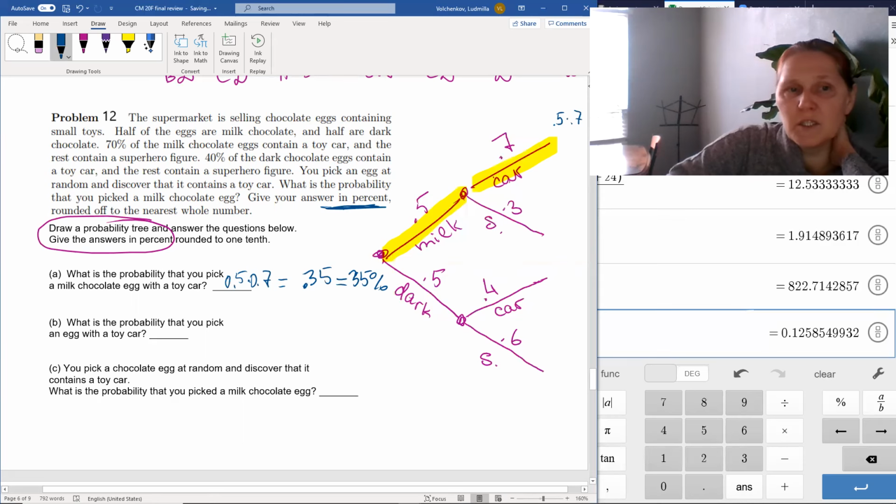What is the probability that you pick an egg with a toy car? There are actually two ways to get a toy car, either with dark chocolate or with milk chocolate. So we must add these two probabilities. The probability of a toy car with dark chocolate is 0.5 times 0.4. We multiply the probabilities along this branch.